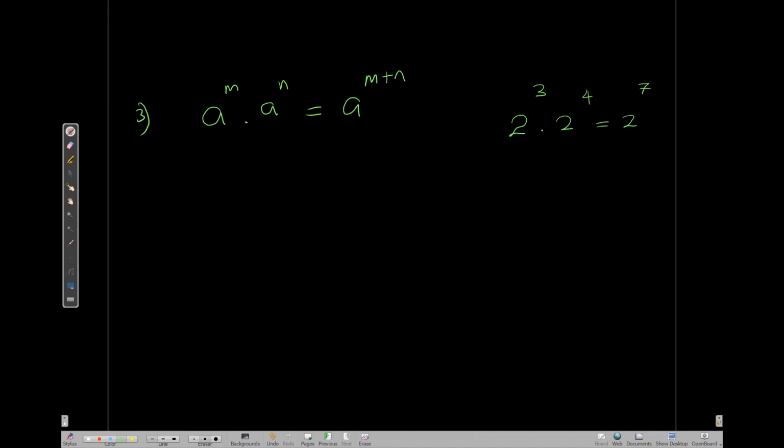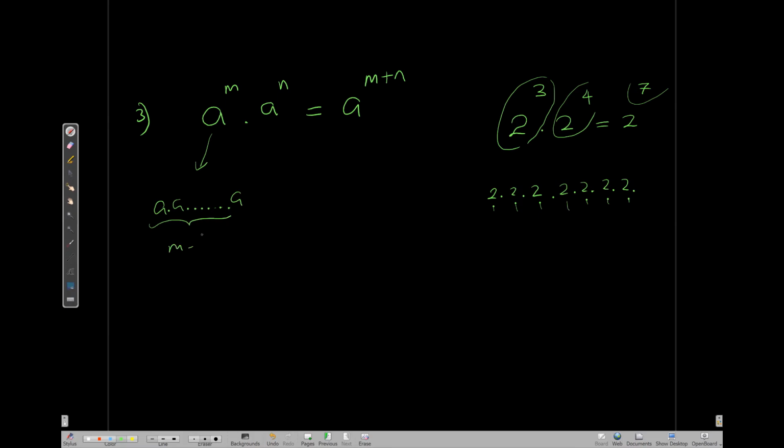Now, the reason, because here 2 to the 3, if I take this, I have 2 times 2 times 2, right? And if I take 2 to the 4, I have 2 times 2 times 2 times 2. So altogether 1, 2, 3, 4, 5, 6, 7. So that's how you get it. And in this abstract way, this guy is a times dot dot dot m times, right?